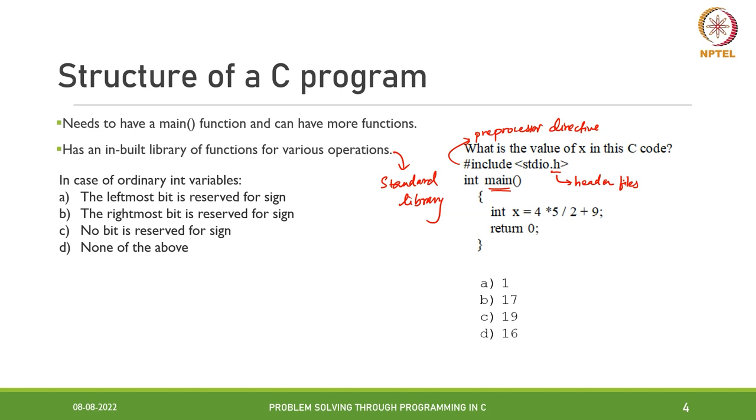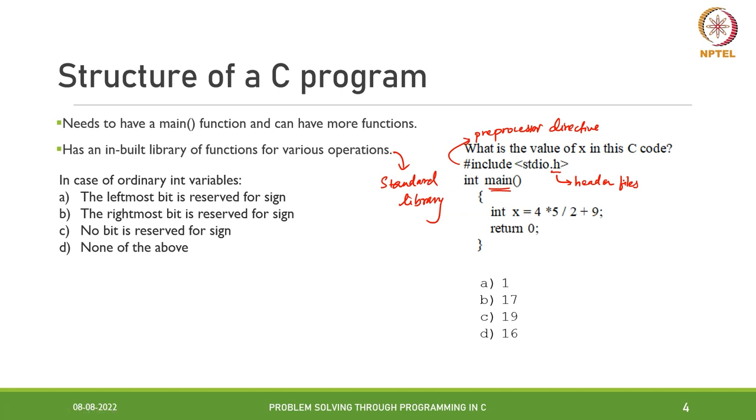So no matter what other functions you have in the code, the execution will only start at the main function whenever you run a C program. So it has a main function, and inside the main function we can write whatever we want.